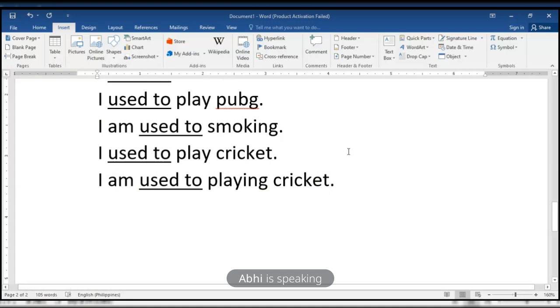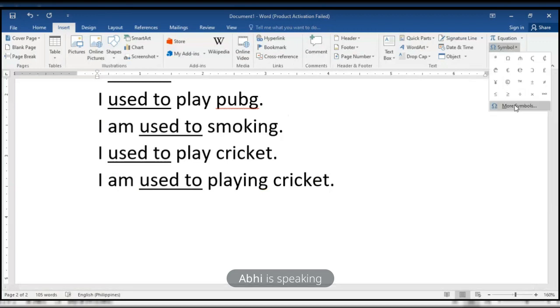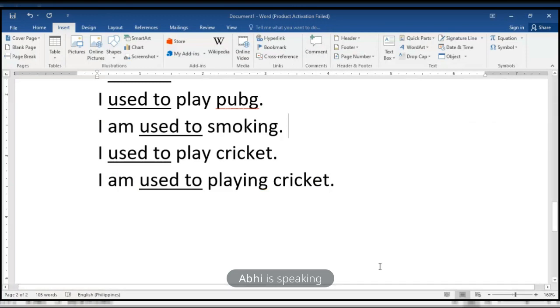In the earlier example, I said "I used to play cricket". I did not say "I am used to", but I said "I used to play cricket". After "I", "used to" came directly. Someone argues that "I am used to play cricket" is right.